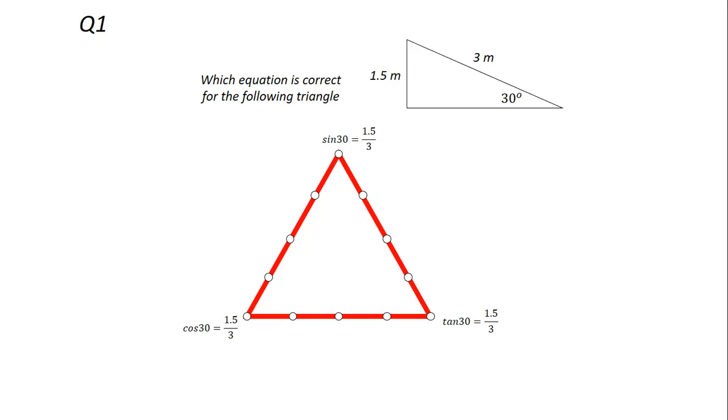So question 1, I've got a triangle here, and which of the three equations is correct for this triangle? If you need any more time, just pause the video now. I'll go on to question 2.